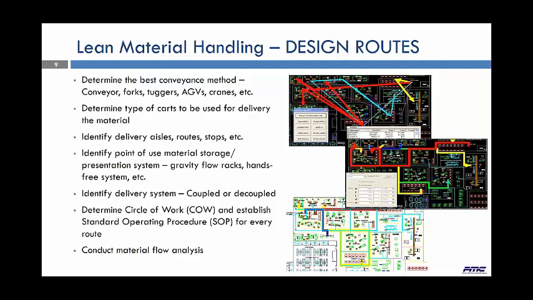When we design a warehouse, we need to create a circle of work: all the activities associated with delivering the parts, picking a part, decanting, and delivering the parts to the station.